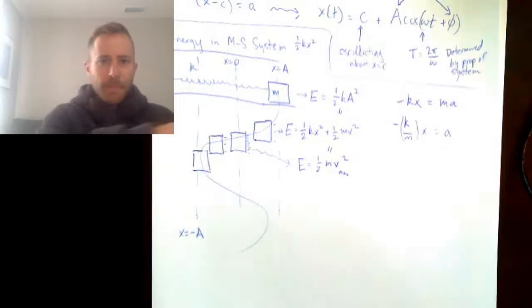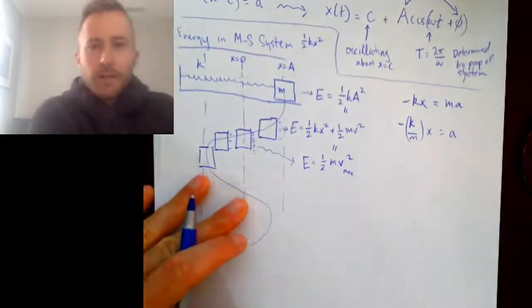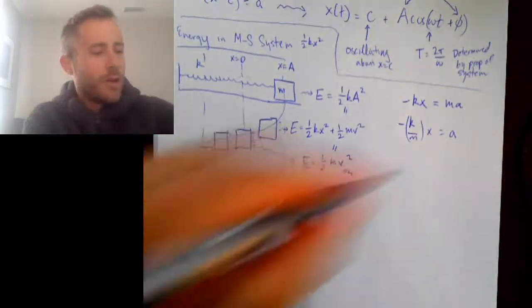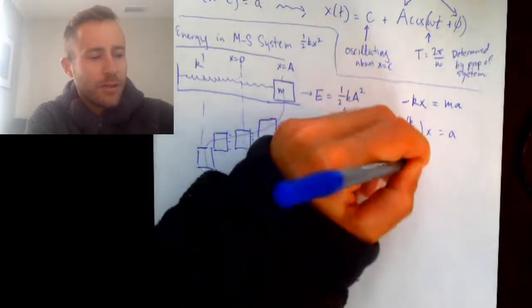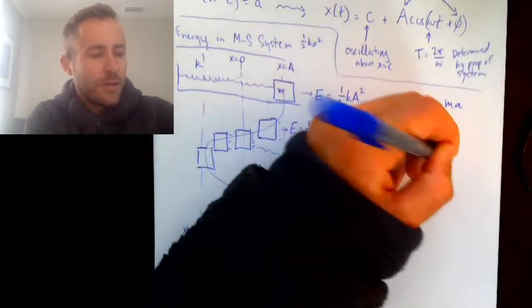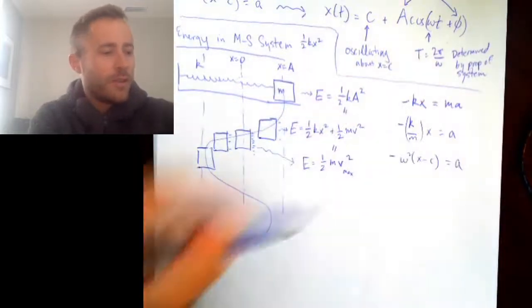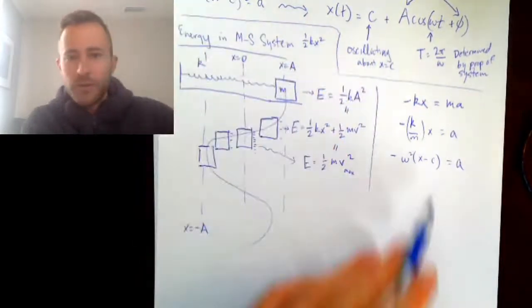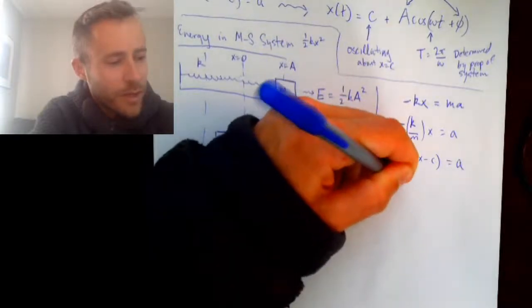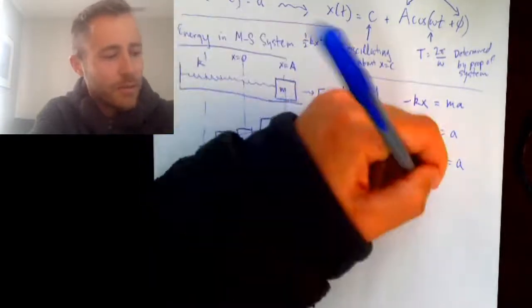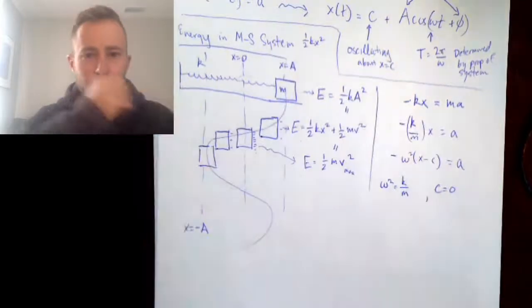And then we compare that to the equation minus omega squared x minus c equals a. So we can see that this comparison works if we have omega squared equals k over m, and c equals 0.